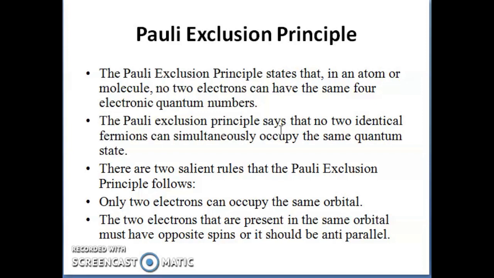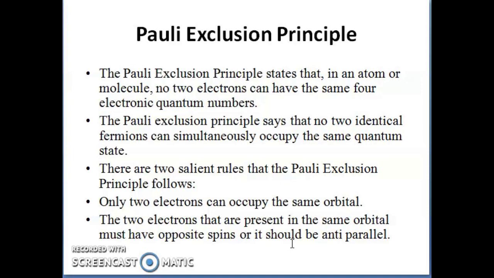Only two electrons can occupy the same orbital, and the two electrons present in the same orbital will have opposite spins, or anti-parallel. Even if the first three quantum numbers are the same, the spin quantum numbers cannot be the same, because the spin will always be either clockwise or anti-clockwise.